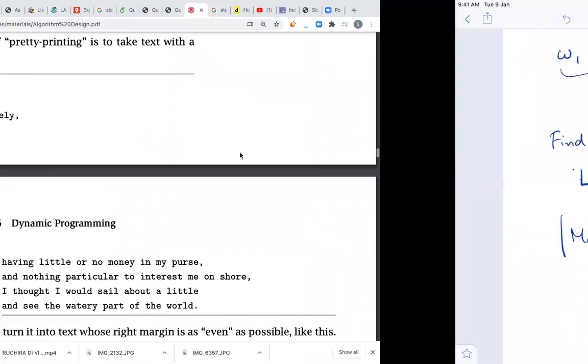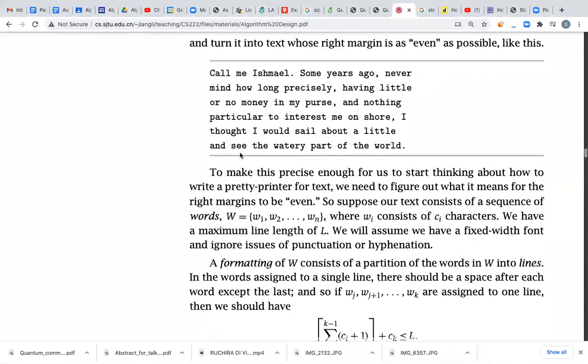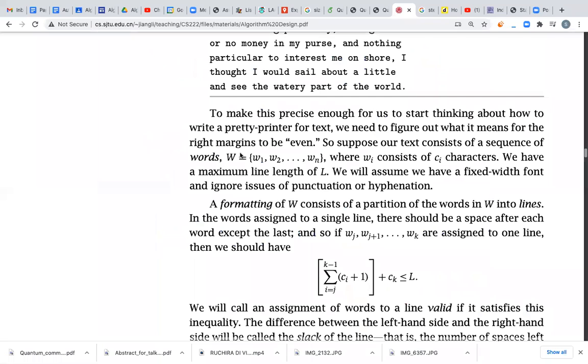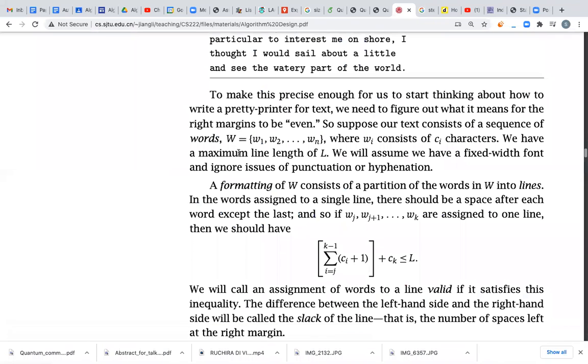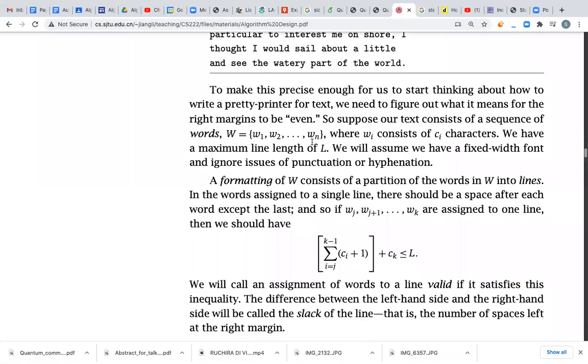Okay, so let's see how they have defined it. So they defined the second way. Okay, so the maximum length L, and we'll assume a fixed width format.